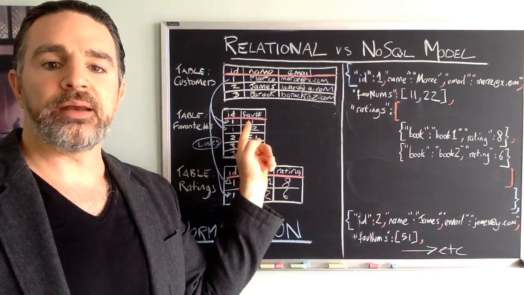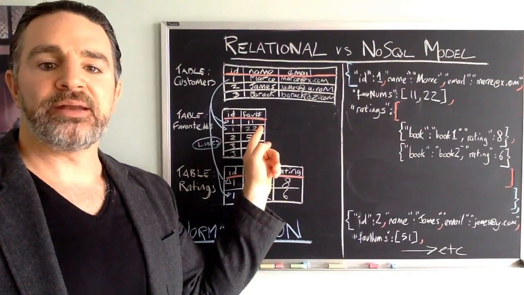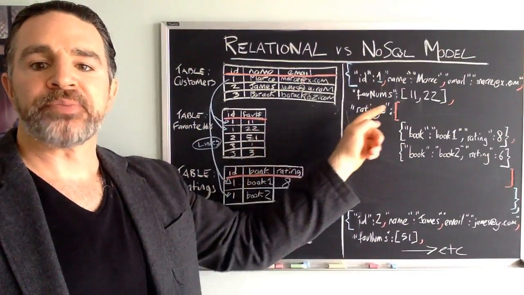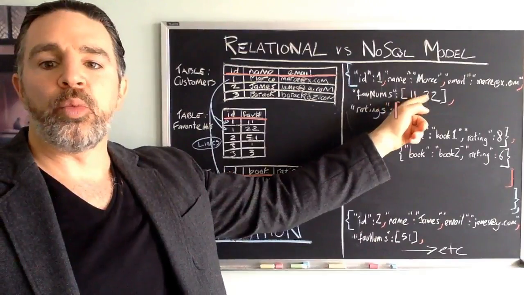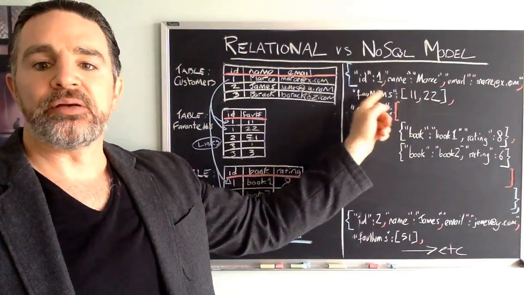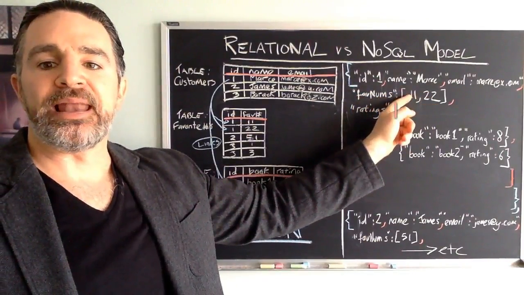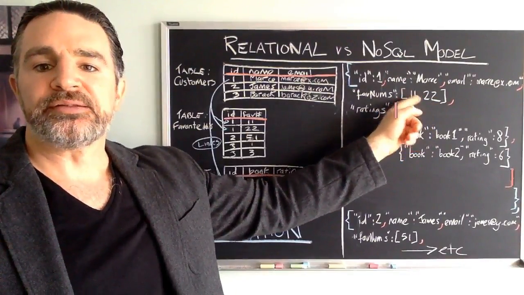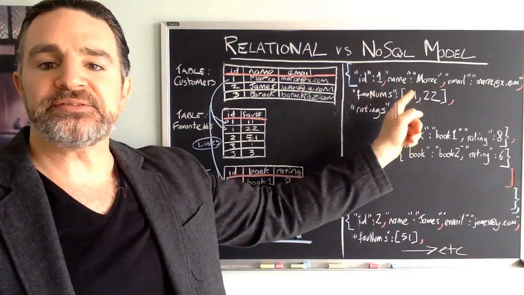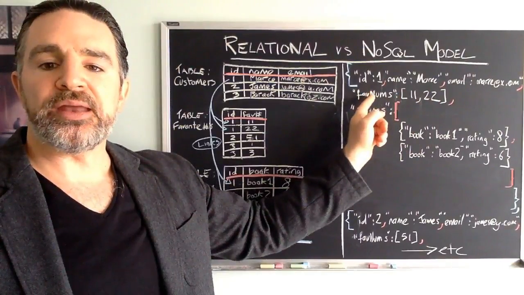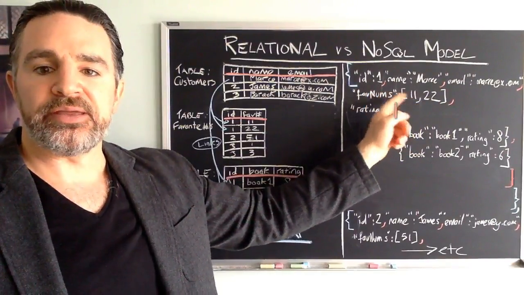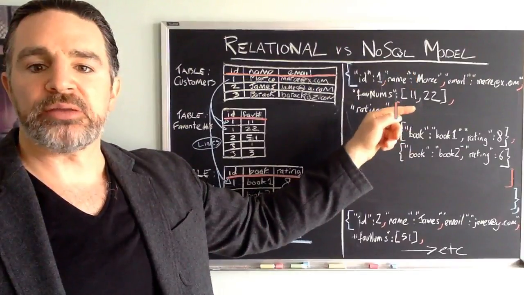Marcy's ID of 1 has a favorite number of 11 and a favorite number of 22. I've captured that in one single value from this key value pair, 11 and 22. So it's what's called, I've embedded these 2 numbers within the value of the key value store in this document.